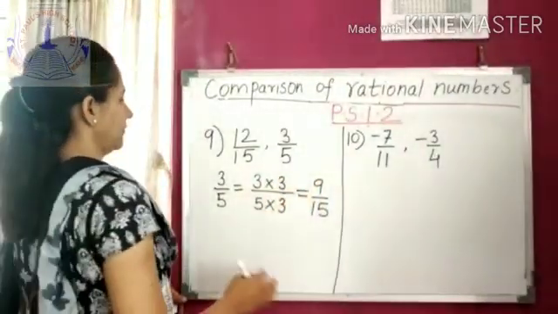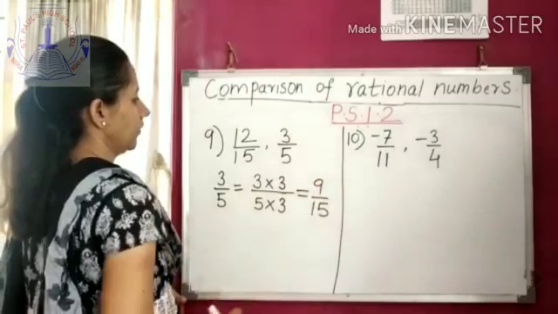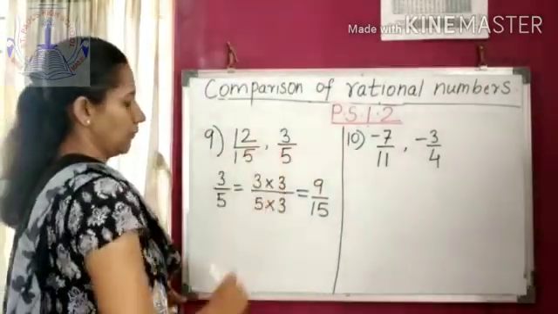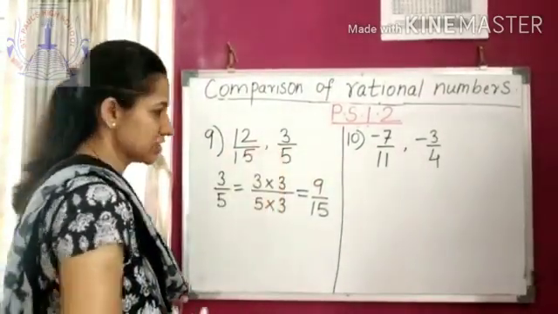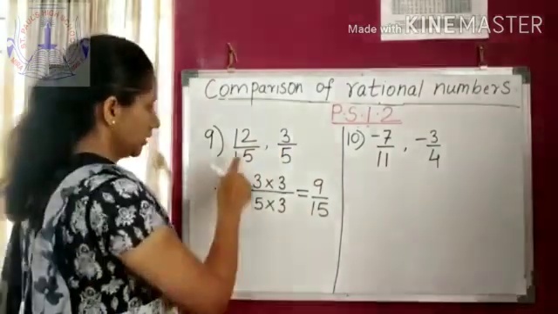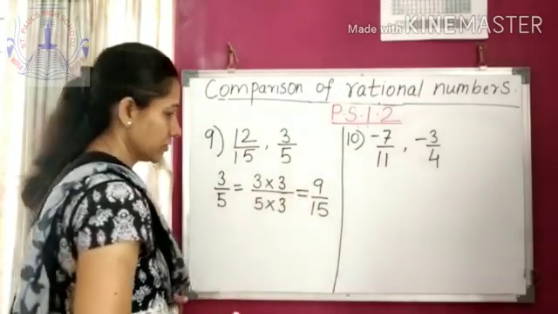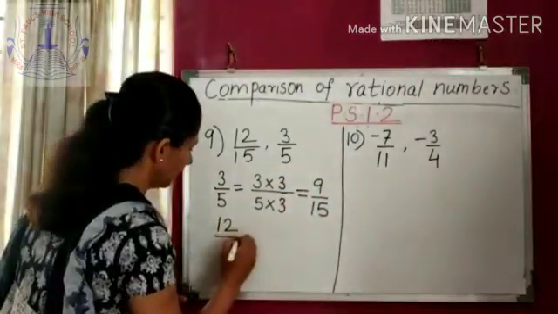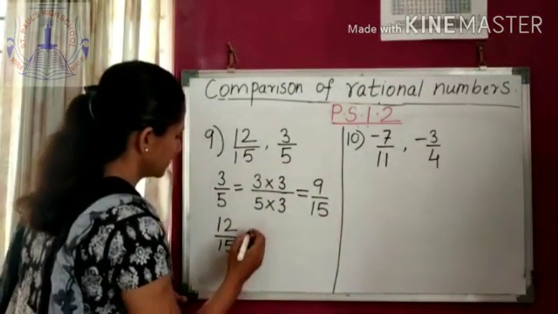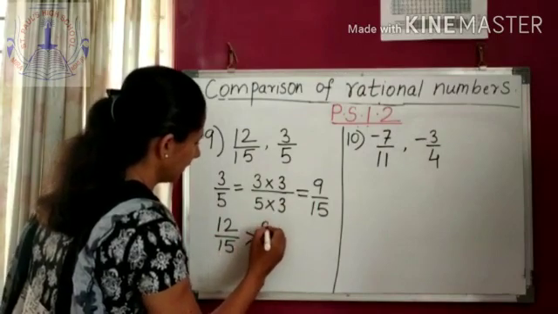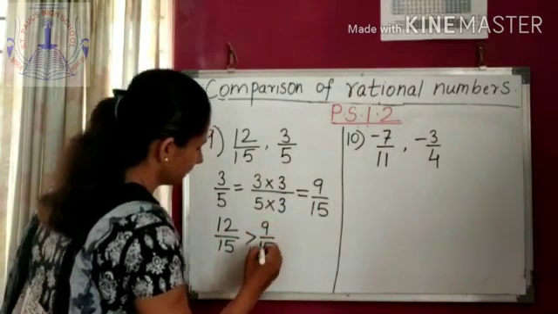So we have 3 upon 5 which is equal to 9 upon 15 and we have 12 upon 15. Now we can compare these fractions because denominators are equal. So here numerator 12 is greater compared to 9. So we have to write 12 upon 15 is greater than 9 upon 15.